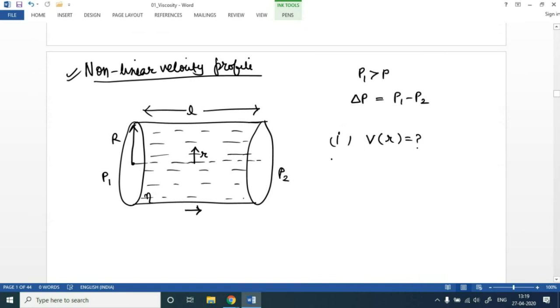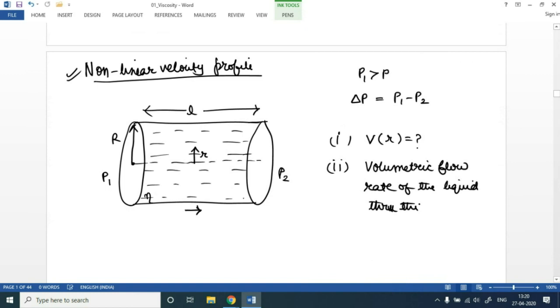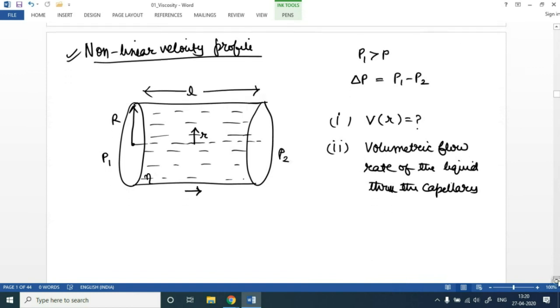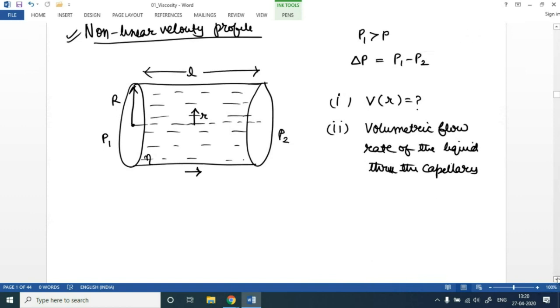Secondly, we also want to find the volumetric flow rate of the liquid through the capillary. So these two things we are interested in. For that, let's imagine a thin layer of liquid, which would be cylindrical in this case, you must realize.